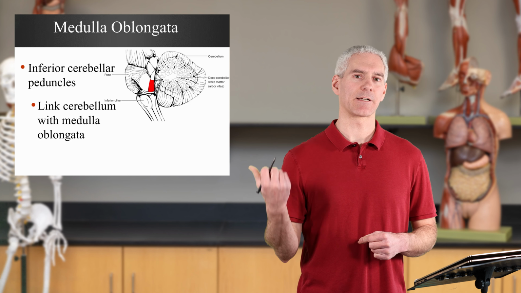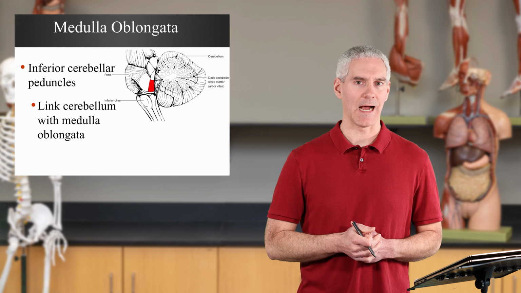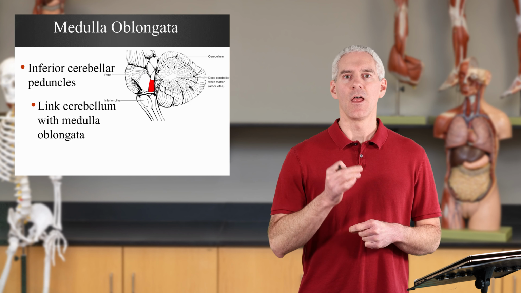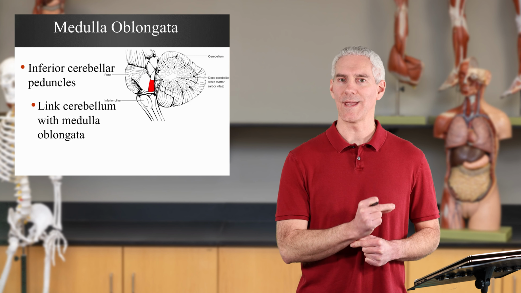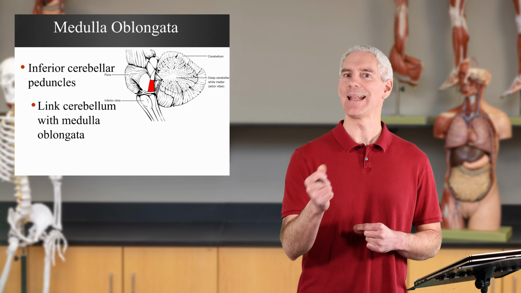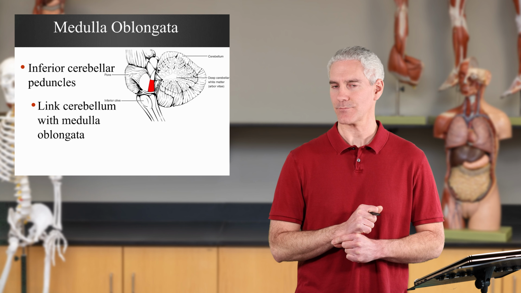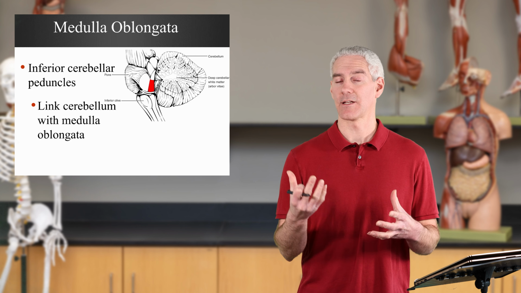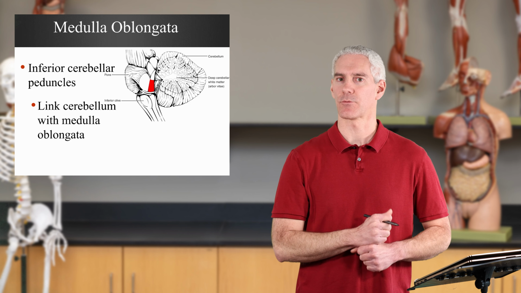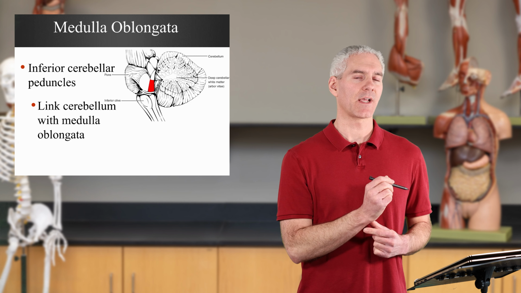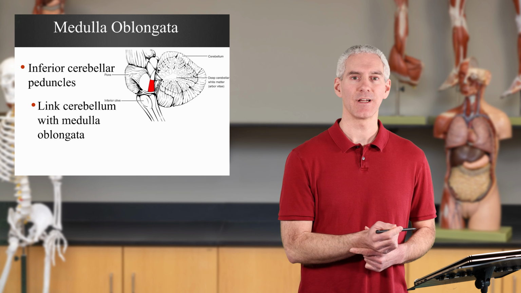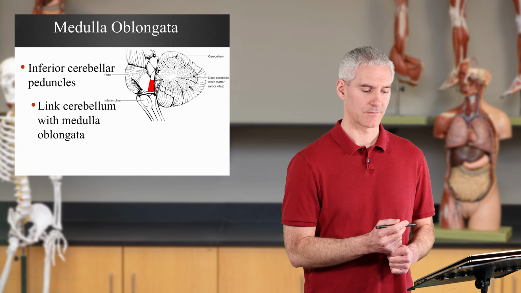It connects the cerebellum with the medulla oblongata. These three connection points we'll go through will be the only ways to get information into and out of the cerebellum. So cerebellum can only connect to the three different regions of the brainstem. In the case of medulla, the connection is the inferior cerebellar peduncle.